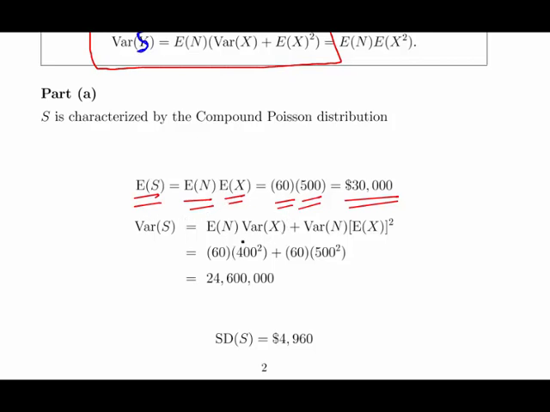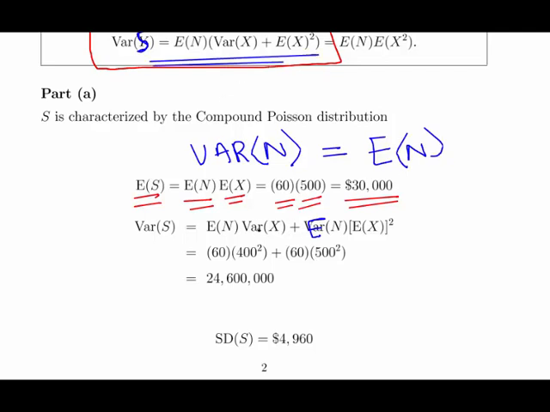Just as a remark, I just realized here that I could have used that the variance of N is the expected value of N. I'll just stick with this definition here, since I've done these at 2 different times.